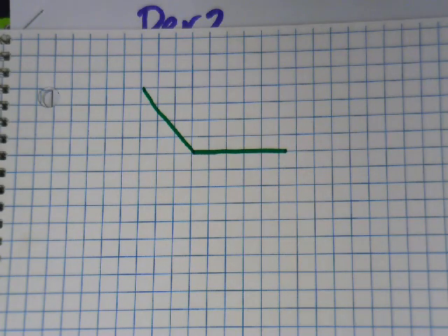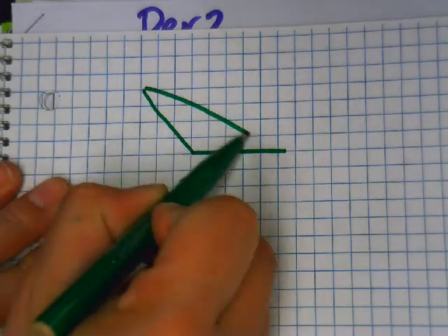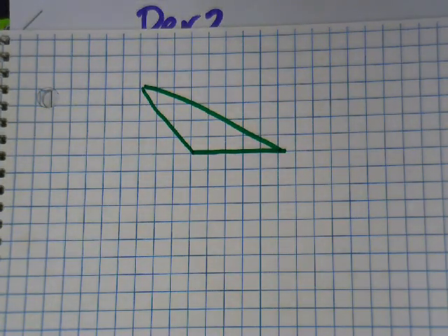Let's write it down. And then close it to make a triangle. This is called an obtuse triangle. Why is it called an obtuse? Because it has an obtuse angle.